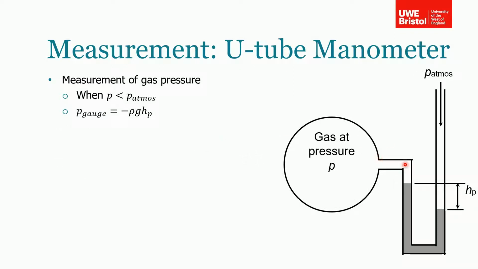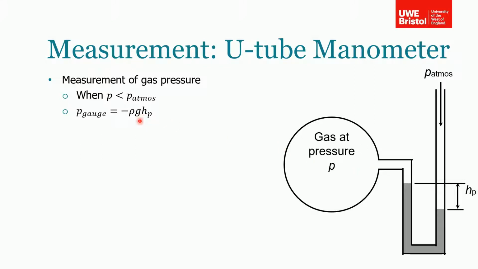However, you can see in this instance the fluid level on this side is higher than the fluid level on this side. Therefore, the pressure in here must be less than atmosphere, subatmospheric pressure. Okay, so when the pressure is subatmospheric, then the gauge pressure must be a negative value.